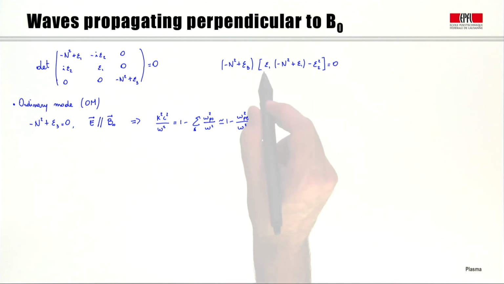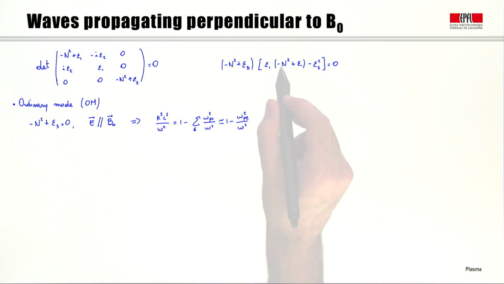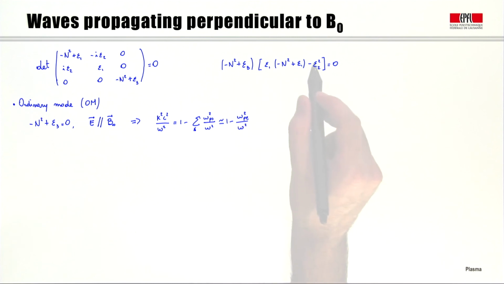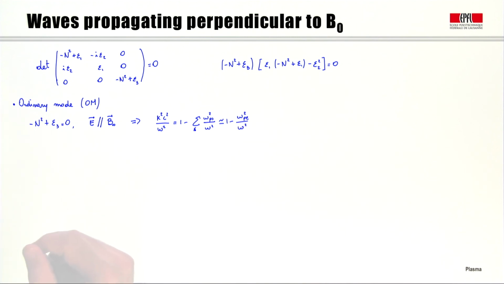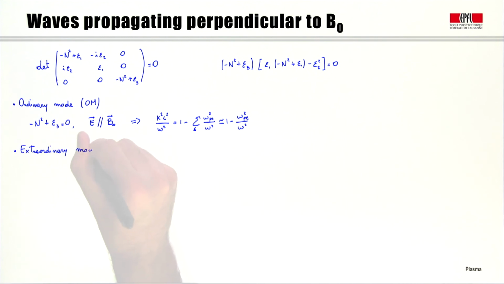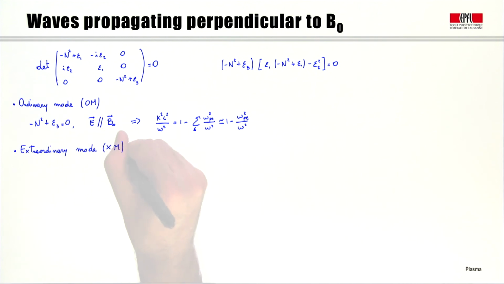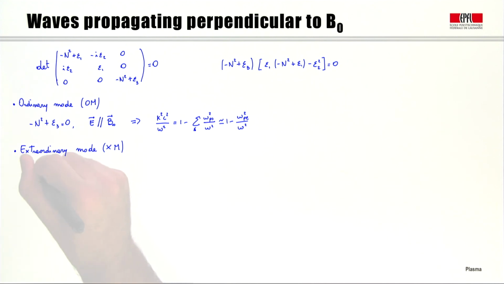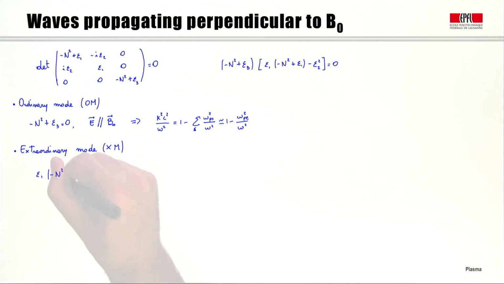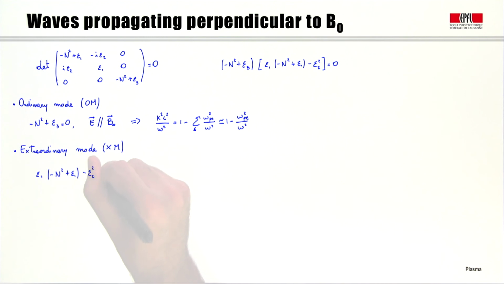There is another kind of wave that is present in our system, the one for which the second term vanishes. These are the waves that are called the extraordinary mode, XM. So for these waves, (epsilon 1 minus n squared) squared plus epsilon 2 squared has to be equal to 0.